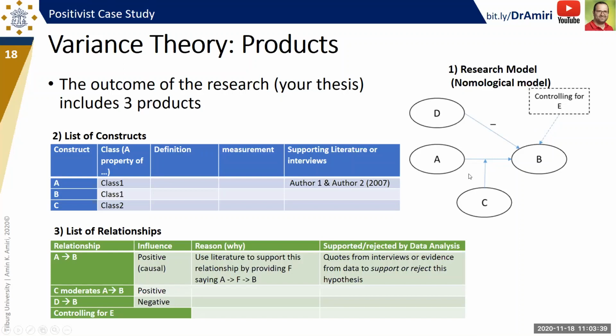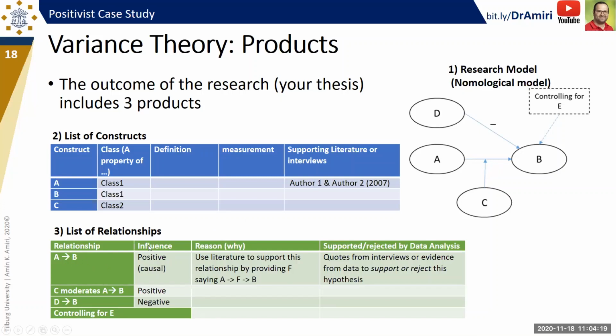And for each of these constructs that you see here, you need to have a list of constructs either in the body of the thesis or in the appendix that explains what these things are, provides a definition, how you measured this construct, and some support from the literature or interviews. You also need to have a second table called list of relationships, where for each relationship that you see here, you need to provide it there.